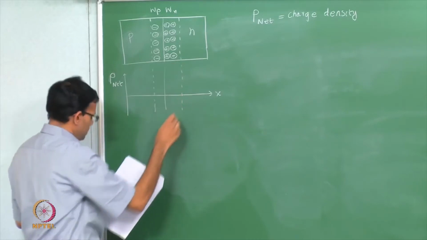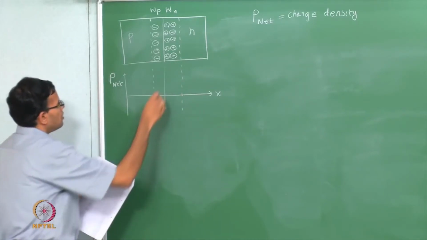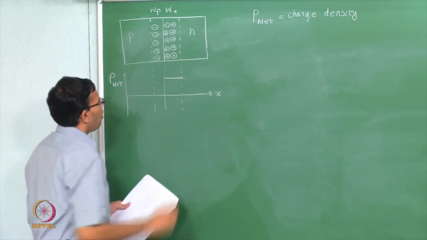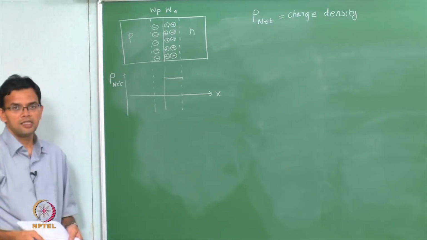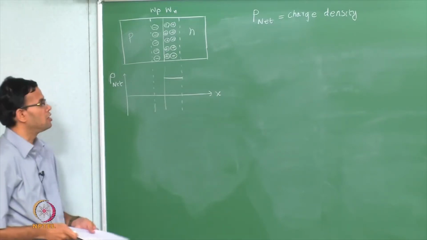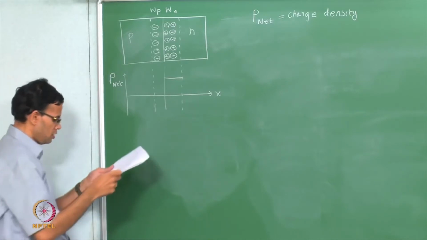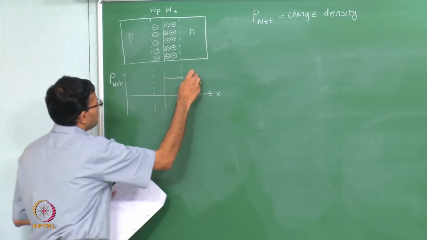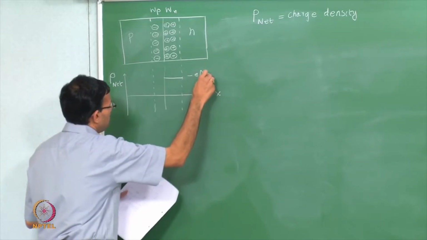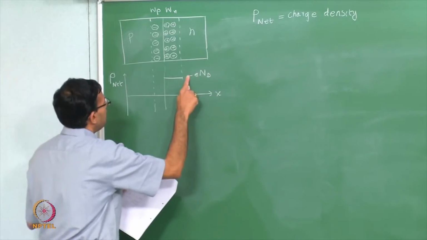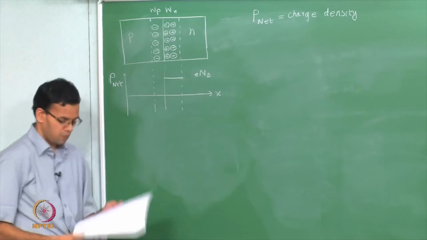This is the n side. On the n side the charge density is just given by the concentration of the donor ions. So, this is plus E Nd, because you have a positive charge.